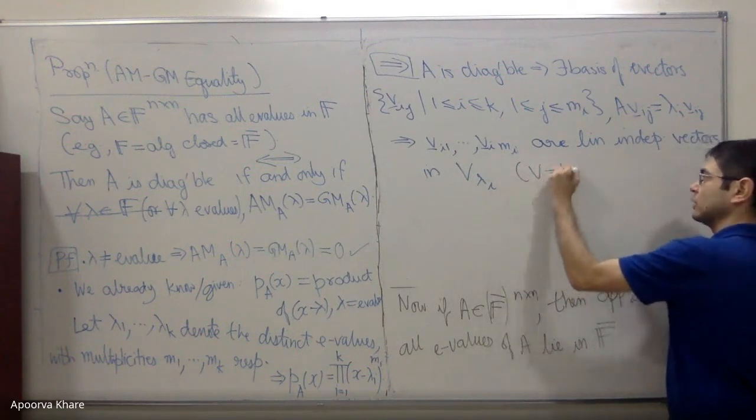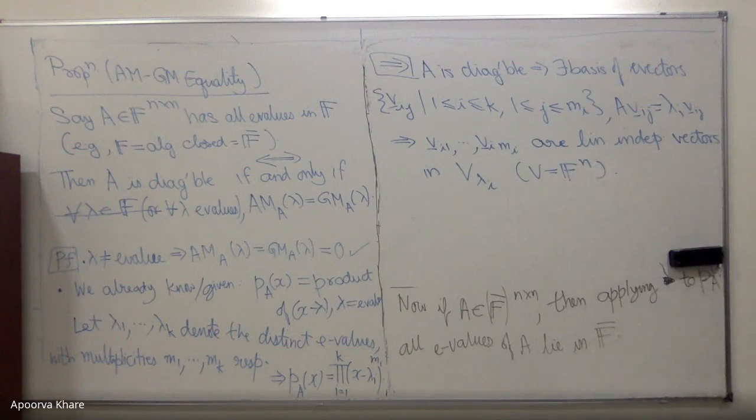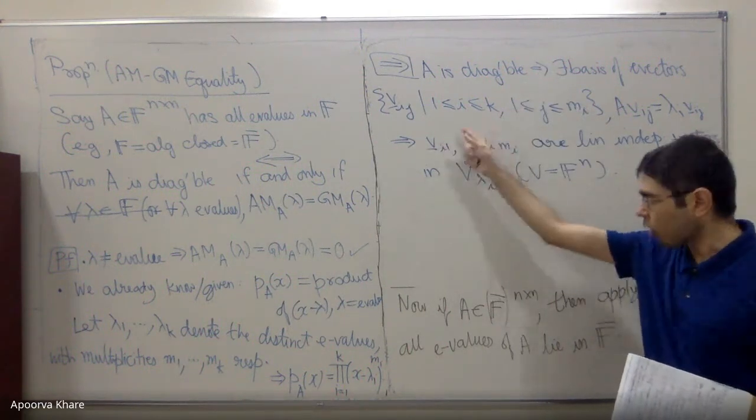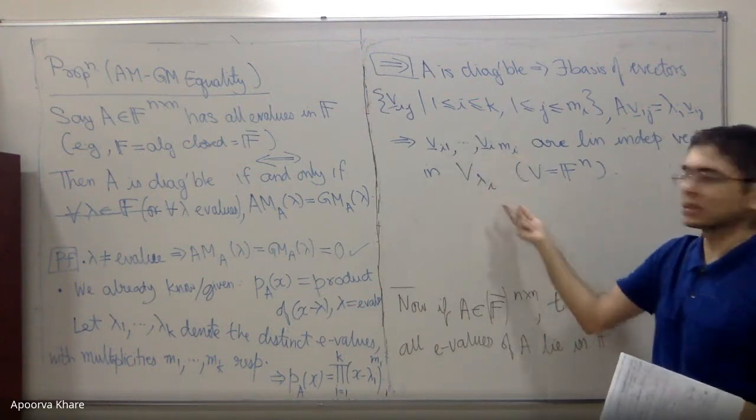So V, of course, is F to the n here. In the eigenspace, because they form a basis. So in particular they're linearly independent and all of them lie in here. So therefore you just get this.